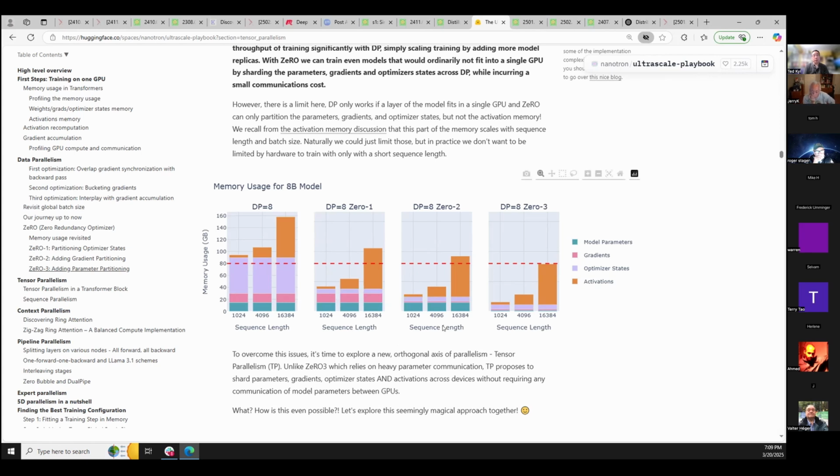For ZeRO-2, the pink and purple have gotten smaller, the blue's the same. And finally, for ZeRO-3, FSDP, all three of them have gotten smaller, but to your point, Roger, they were the smaller part to begin with. And this orange, for length 16,000, just ekes under their 80 gigabyte per GPU memory limit.